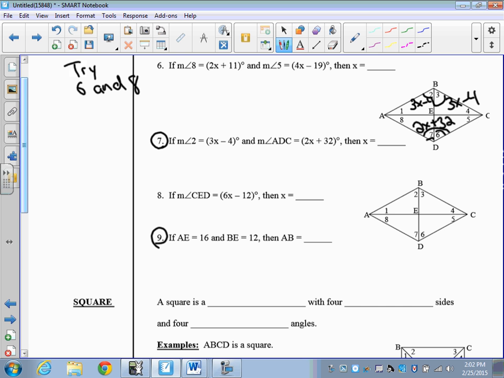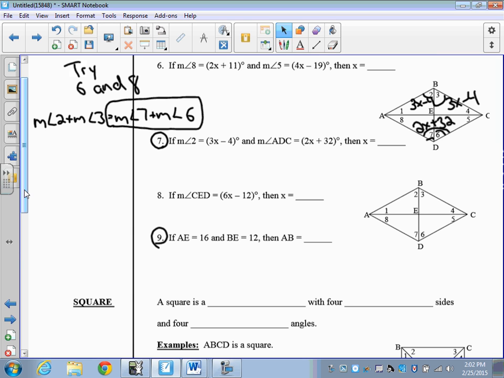So if I would redraw this, I would say the measure of angle 2 plus the measure of angle 3 is equal to the measure of angle 7 plus the measure of angle 6. I already have this right here. The measure of angle 7 plus the measure of angle 6 is this angle right here.